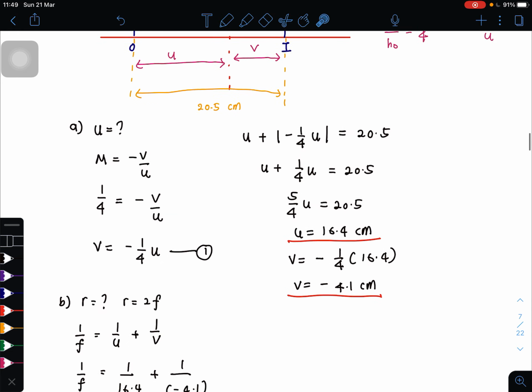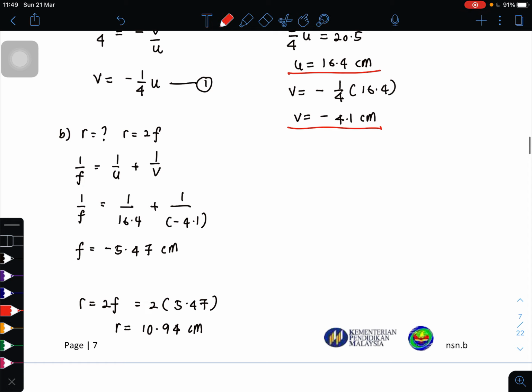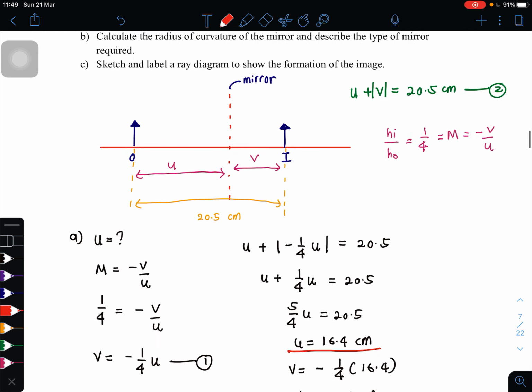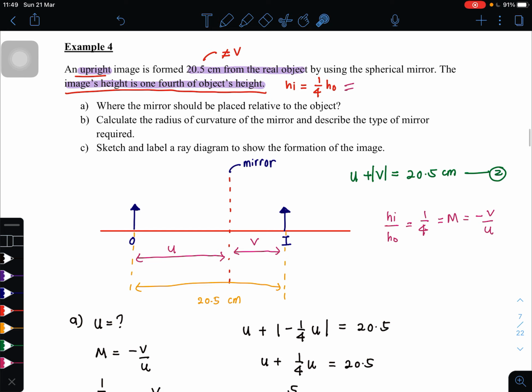So here you can say negative here means it is a convex mirror.